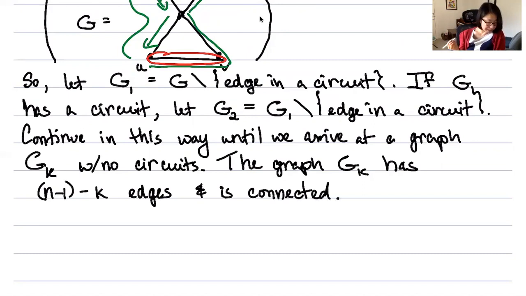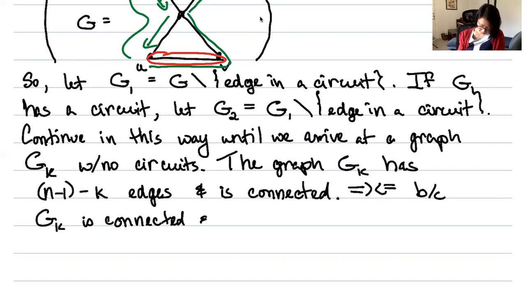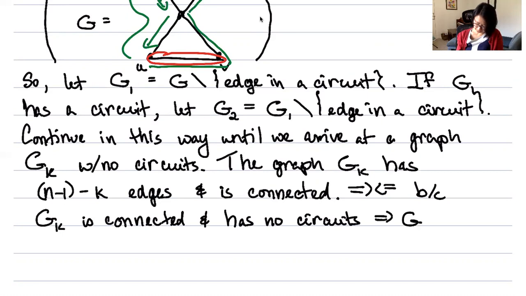But now this is a contradiction. This is a contradiction because GK is connected and has no circuits. So by the previous theorem, it must be that GK has n-1 edges.